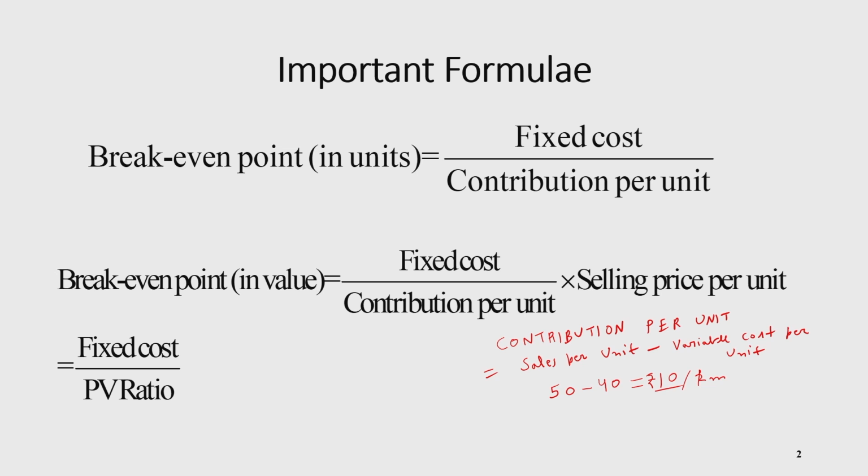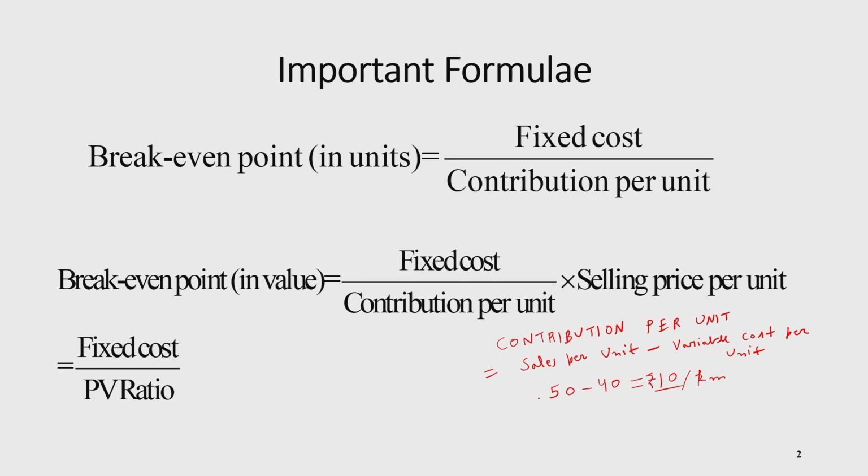Although you will have data like yearly how much you have to recover from the car, say 1 lakh, then monthly you divide it by 12, and similarly you can find out daily. If you want to find the break even point in units, that means how many kilometers I should utilize my vehicle per day, you can do that. So per day fixed cost you find out.